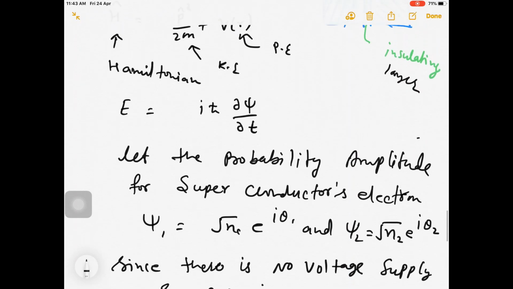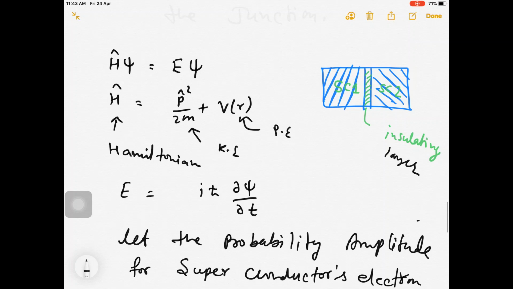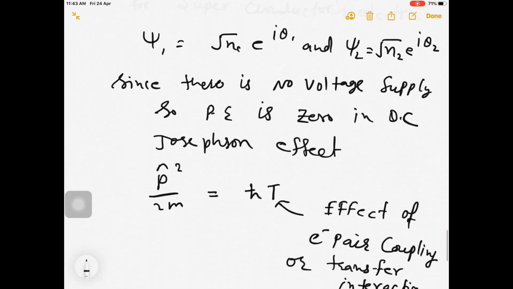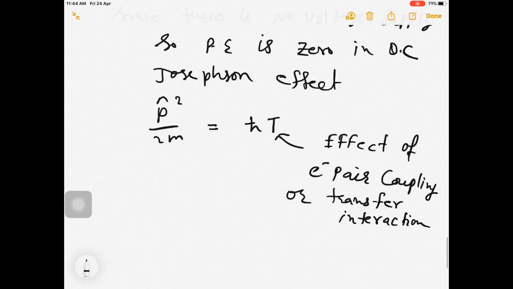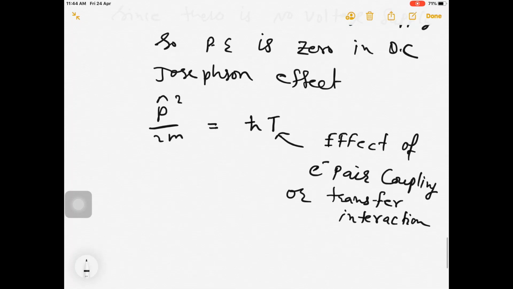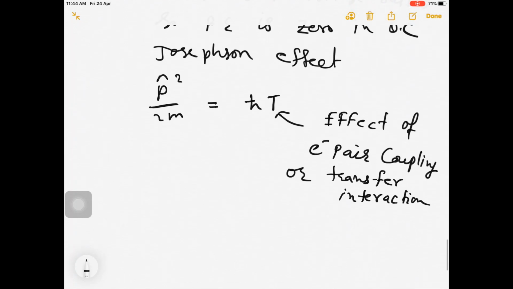Because current flows when electrons penetrate through this junction and transfer from the first superconductor to the second superconductor and from the second superconductor to the first superconductor. So basically T is nothing but a transfer interaction from the first superconductor to the second and the second to the first.